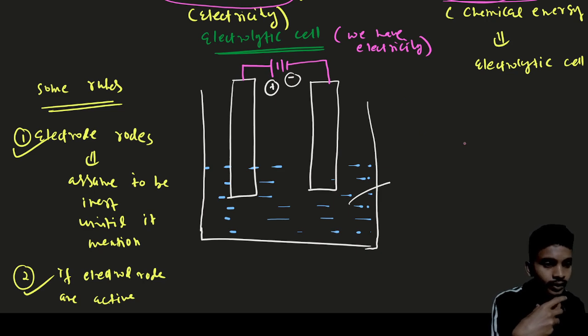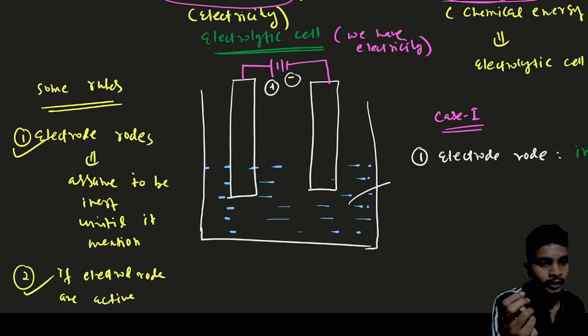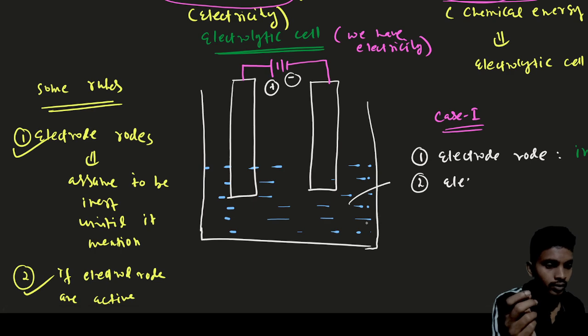So case 1. First, the electrode rods are inert, and the electrolytes which we take here, this solution part, is the electrolytes.